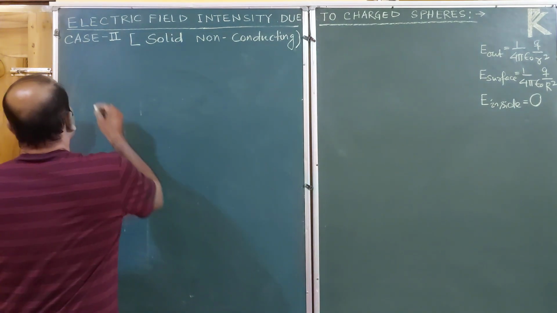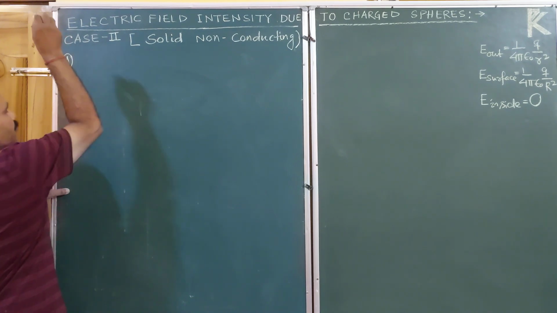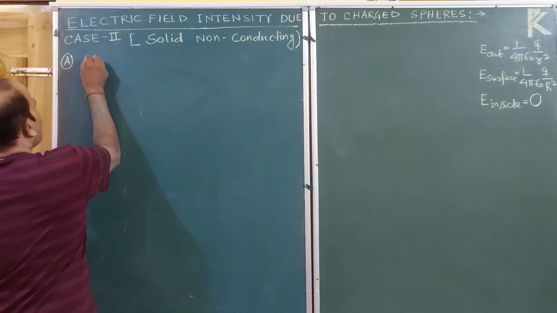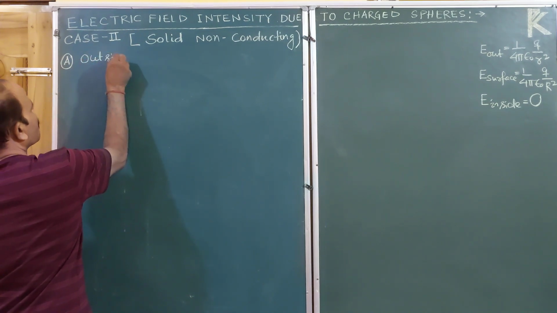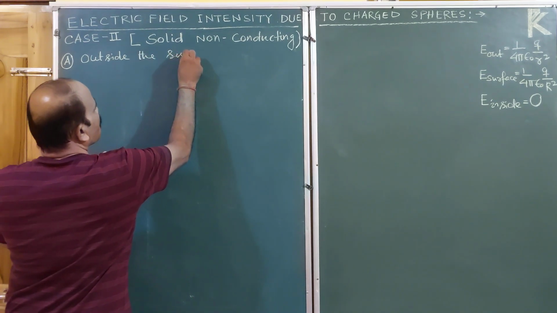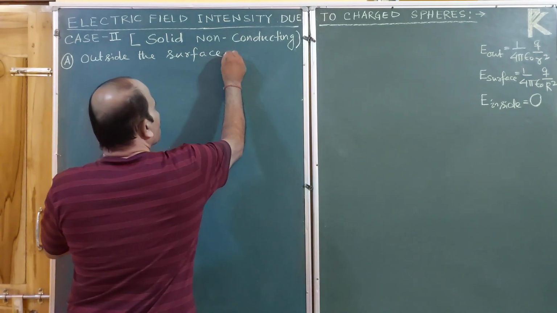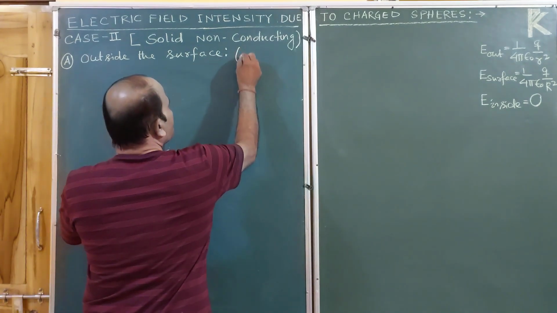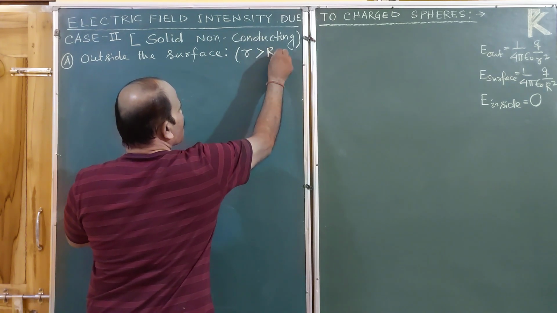First we will find the electric field outside the surface. Outside the surface, again it is small r greater than capital R.